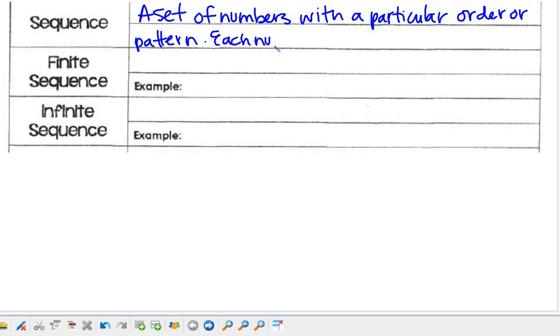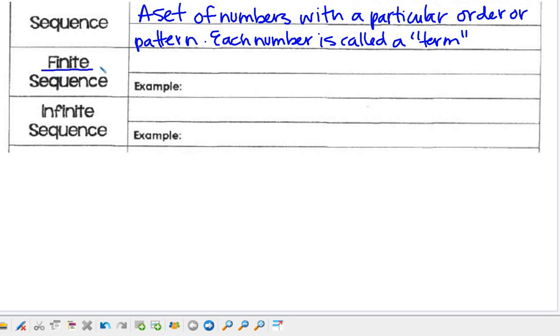Each number is called a term. So it's a set of numbers with a particular order or pattern. Each number is called a term.